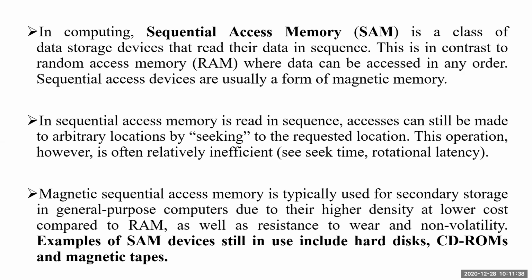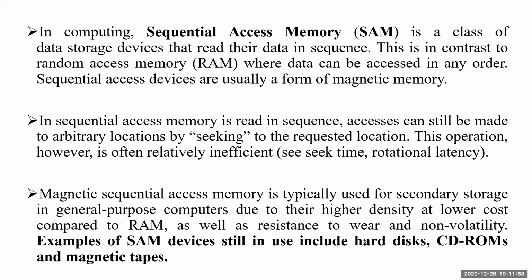But in sequential access memory, you cannot access data from an address in memory directly. So we can even call these non-addressable memories. Serial access memories are also called non-addressable memories.